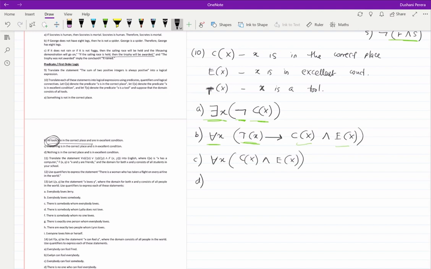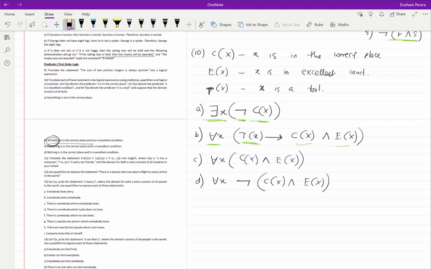Part D. Nothing is in the correct place and in excellent condition. So nothing is in the correct place. There's not even one tool which is in the correct place. So for all x, nothing is in the correct place and in excellent condition.